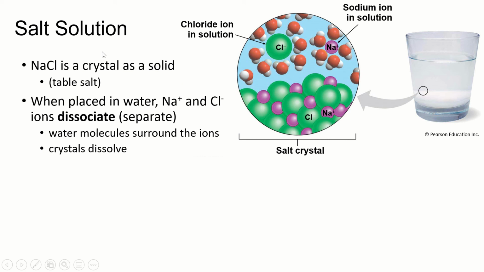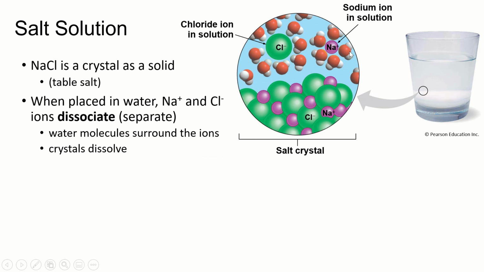When you dissolve an ionic solid in water, remember that the polar water molecules are going to be very, very attracted to the ions. The positive hydrogen end of the water molecule is going to be attracted to the chloride. The negative oxygen is going to be attracted to the sodium.